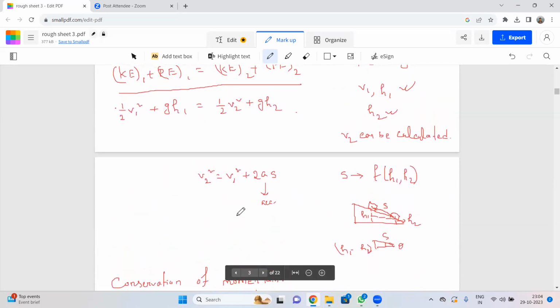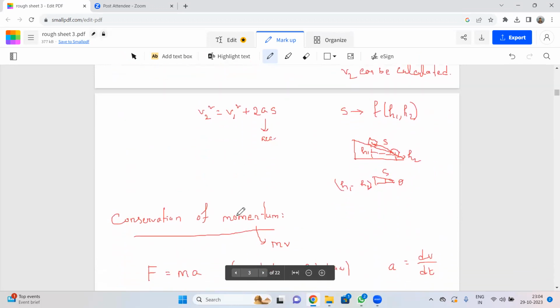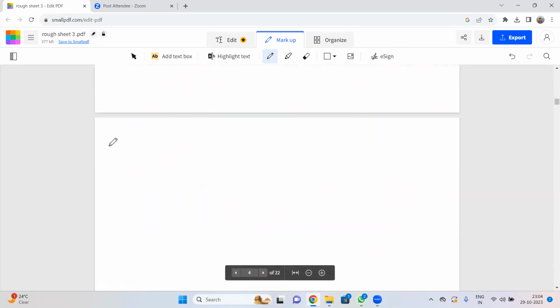So suppose after solving all those things, it is asked to find the total work done. What is the work done actually? Force into displacement.